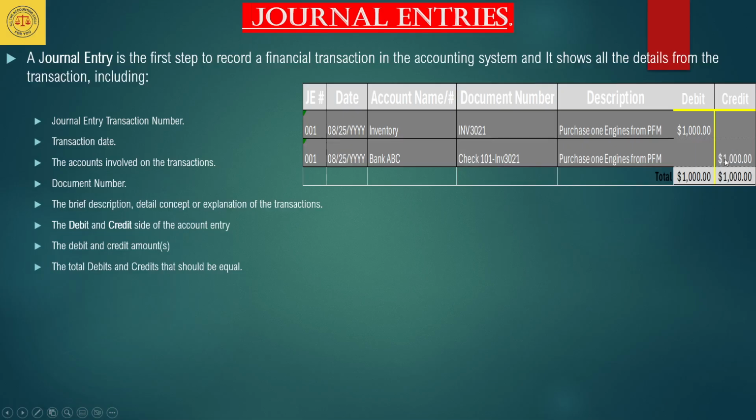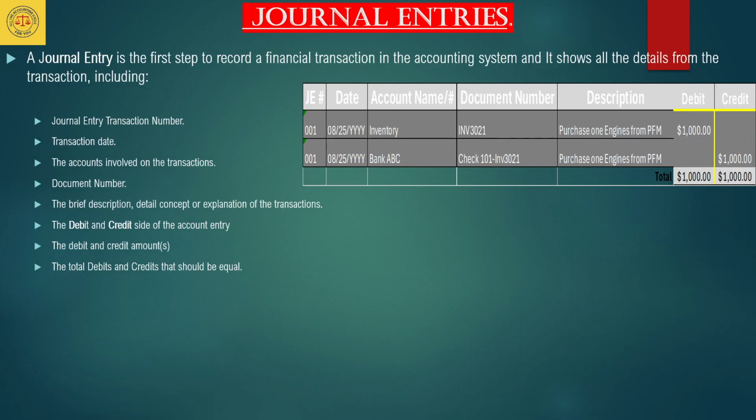So if we have more activity, obviously that's going to be added to this journal entry, because by the way, in a journal entry you can add many transactions at once. There is no limit. At least the software has some limit, but there is no limit.